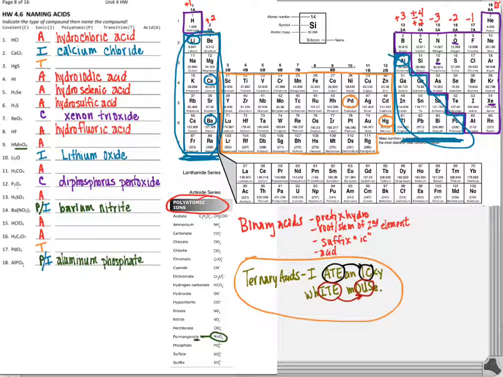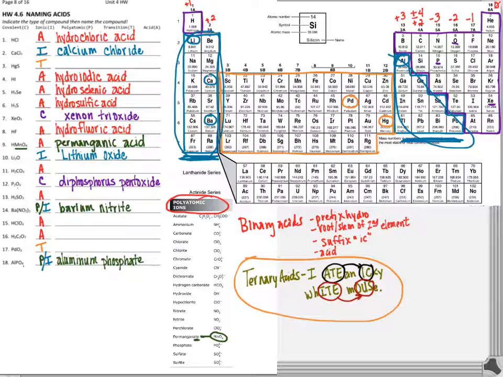It ends in ate, which means I'm going to be changing that ending to ic. So in this case, it's not permanganate anymore. It's going to be permanganic acid.